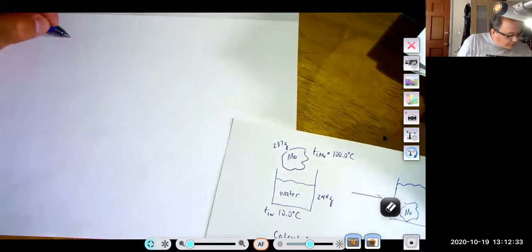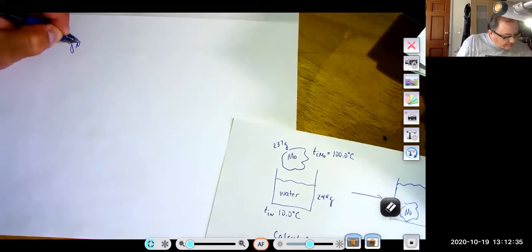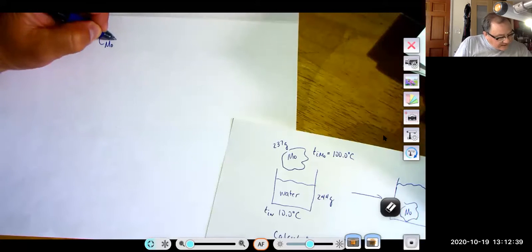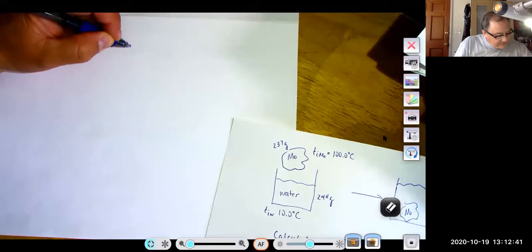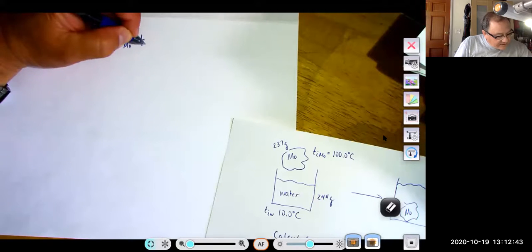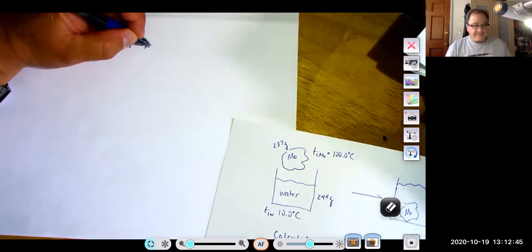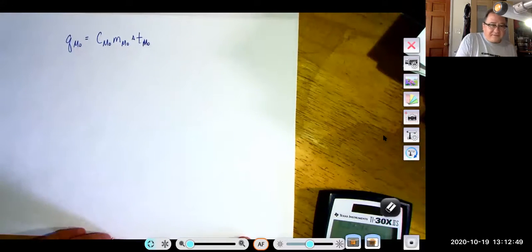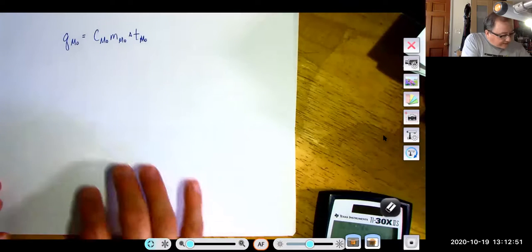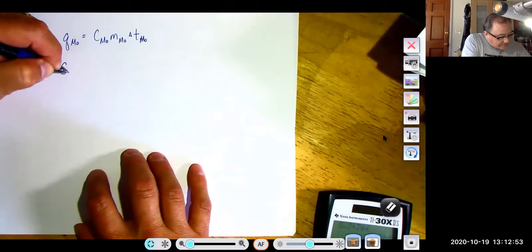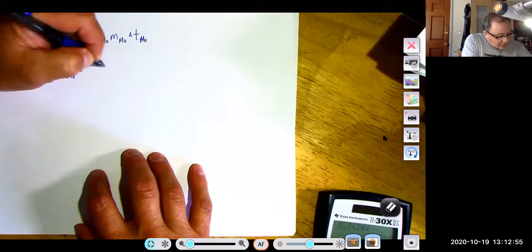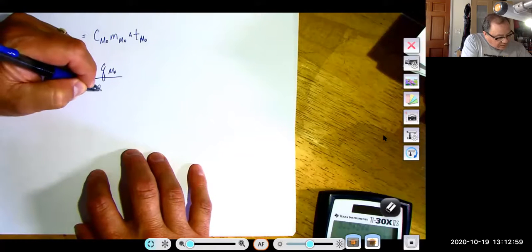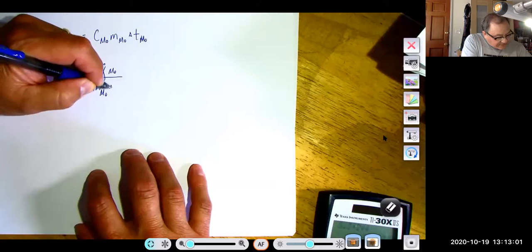So now we have Q of the molybdenum is equal to C of the molybdenum, M of the molybdenum, change in T of the molybdenum. I think I'm just going to say Mo from now on. So that means that the specific heat capacity of Mo is Q of Mo over the mass of Mo, change in temp of the Mo.